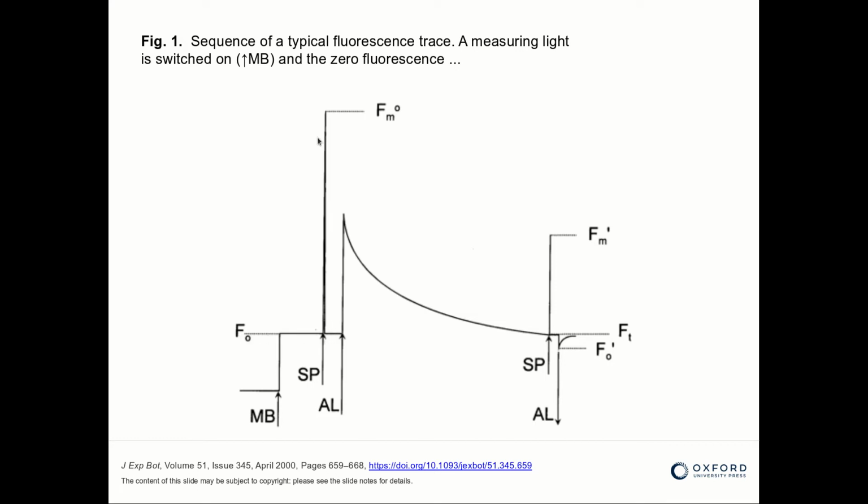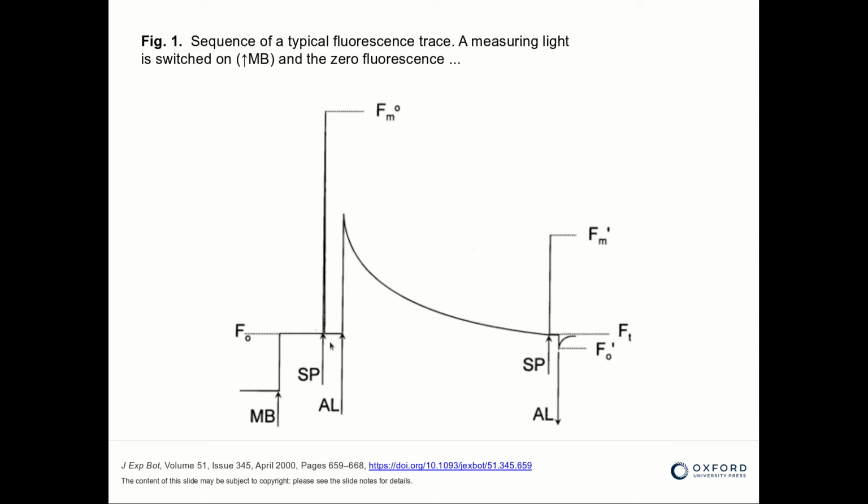Okay, so after we've measured both the initial fluorescence in the dark and this maximal fluorescence, then we turn on what's called an actinic light. So this is a light that is bright enough to trigger photosynthesis. And then we can measure fluorescence over time.